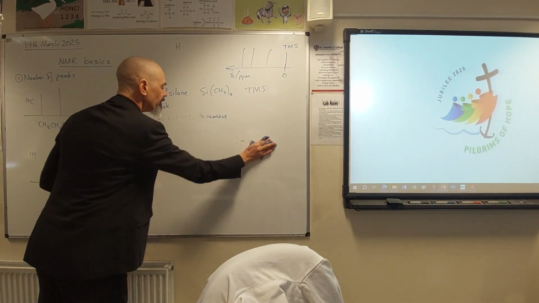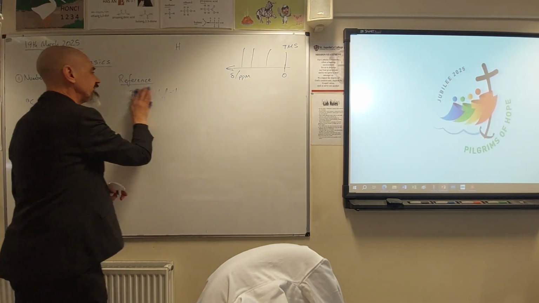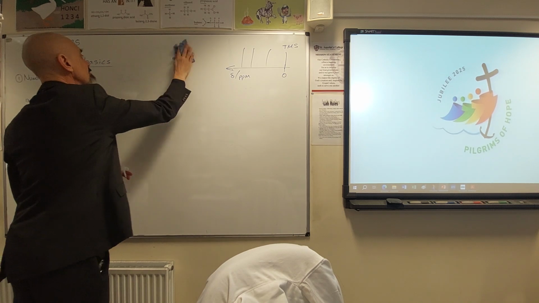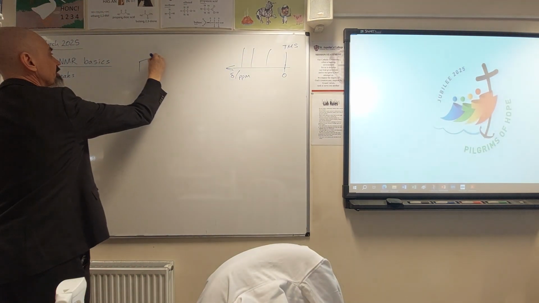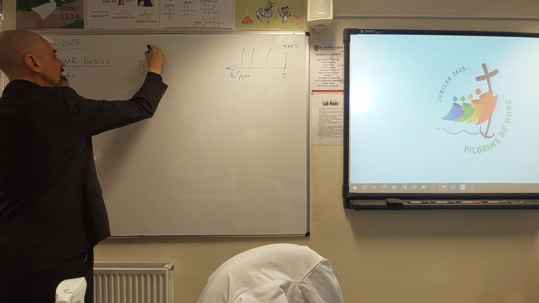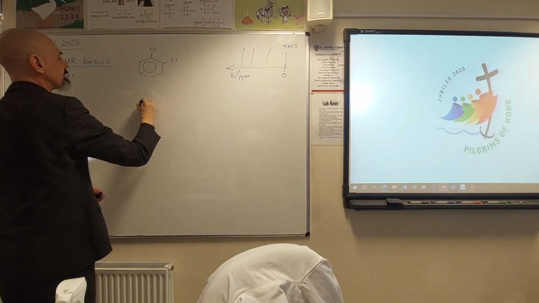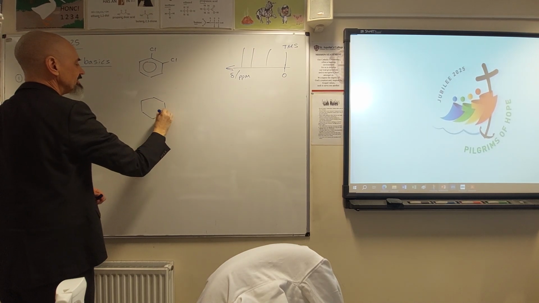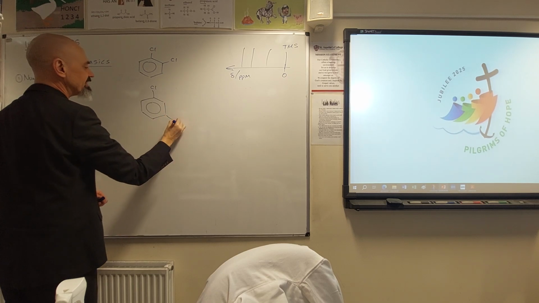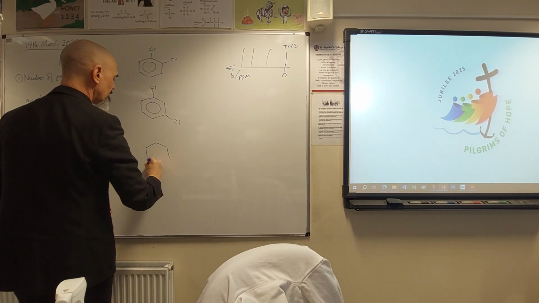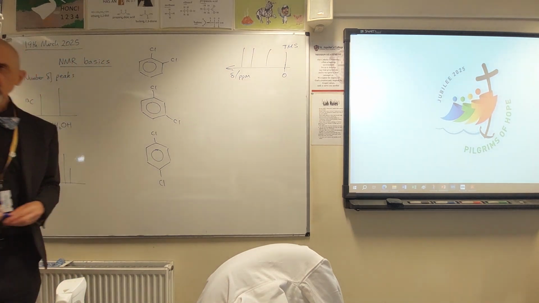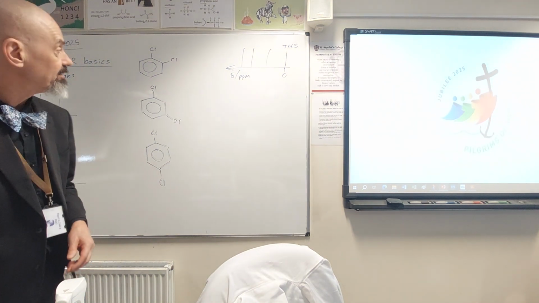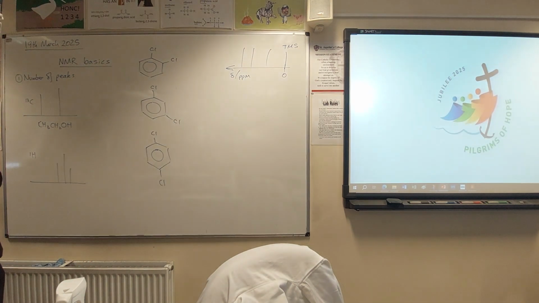And then you have to take into account symmetry, as I was just saying about TMS. If there's any symmetry in the molecule, benzene is a good example here. So if I have dichlorobenzene with the chlorines in different positions, we can look at the symmetry in those molecules.